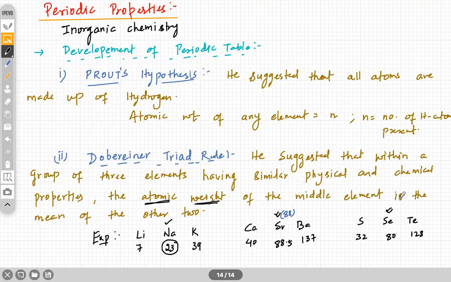Right, so this is Dobereiner's triad rule. All elements could not be arranged this way, and that's why we discarded this. But yes, it is important in the exam also. They have asked which of these groups of elements follows this particular rule, Dobereiner's triad rule.